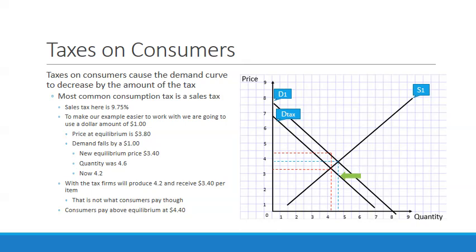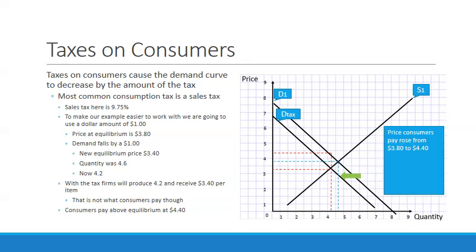So you'll notice there's a dollar amount between them. That's the tax. So if the consumers buy something, they're going to pay $4.40 for it. The government will get $1, and the producers will get $3.40. And that's how this sets up.